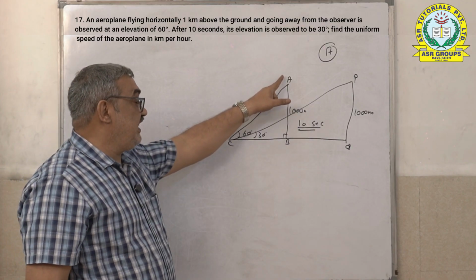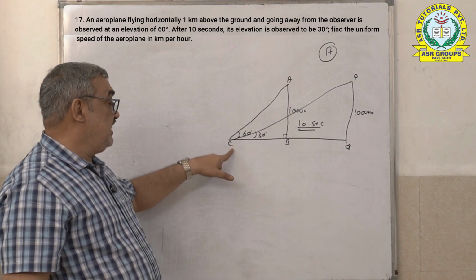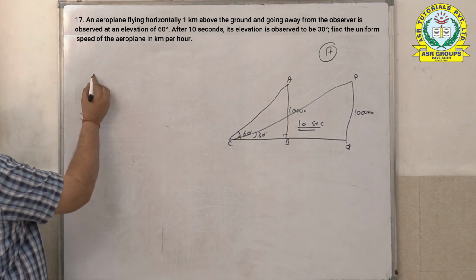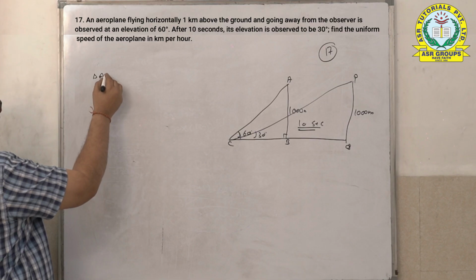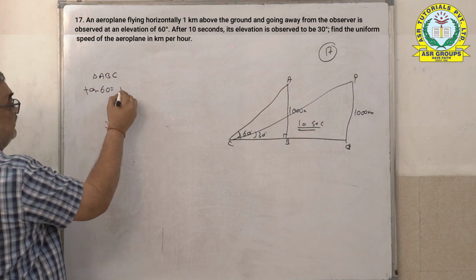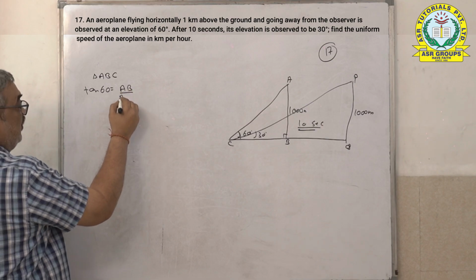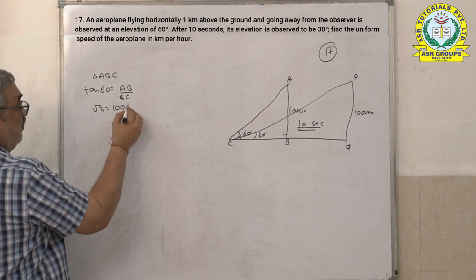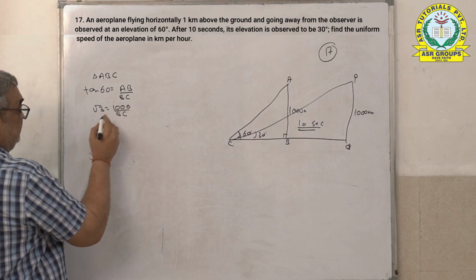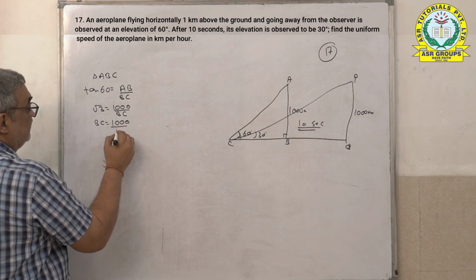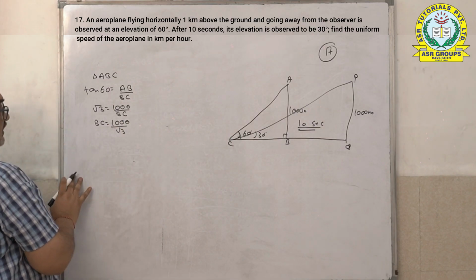First we'll take triangle ABC. I'll use tan 60. In triangle ABC, tan 60 is AB upon BC, root 3, 1000 upon BC. BC is 1000 upon root 3.